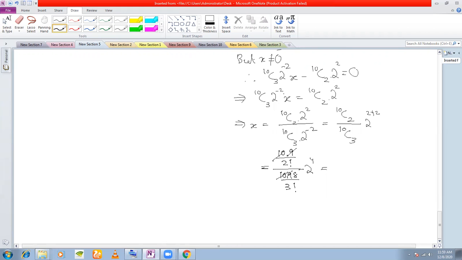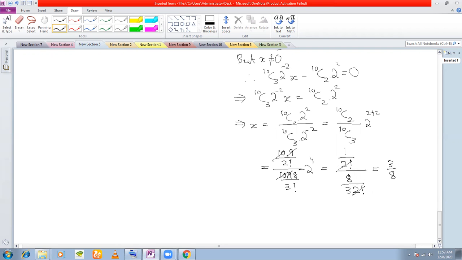Also, what you must realize here is that 1 by factorial 2, okay, 1 by factorial 3 can be written as 1 by 3 into factorial 2, this is 8 here. Now this factorial 2 cancels. So what do you ultimately get? You get x is equal to 3 by 8.